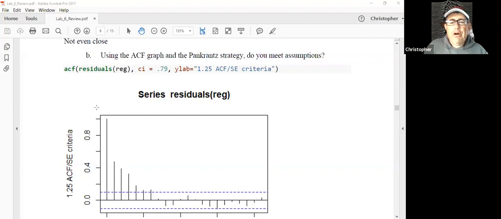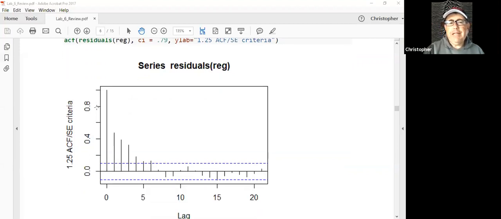What we're looking for are values that pop above these dashed lines. But one thing to keep in mind is that this very first one, for some reason, this function graphs lag 0, which is something correlated with itself, which is why that's always going to be 1. So you can ignore that very first one, because that's never going to change. It's always going to be 1.